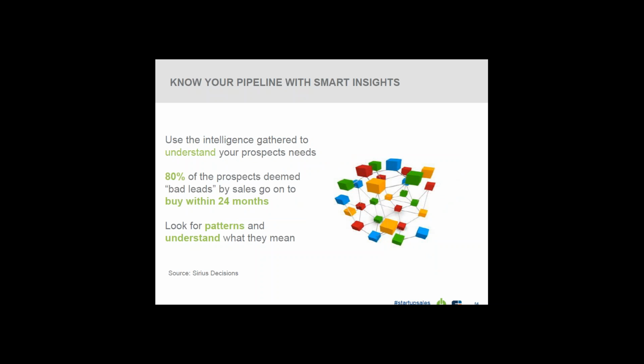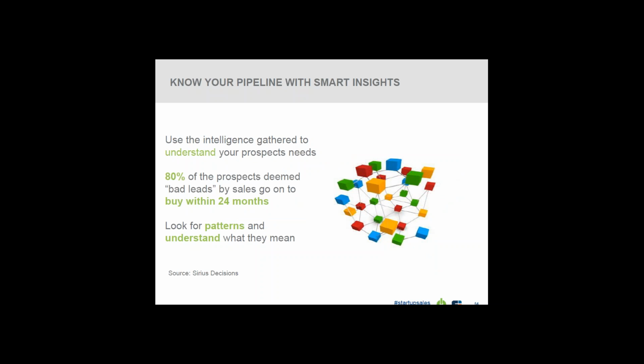So what this boils down to is making sure you know your pipeline and you have insights into where they are. Make sure you're utilizing all that intelligence gathered within your marketing automation platform, and that it doesn't end with marketing. That information is shared across the board with sales, so they can understand where everybody is, where their prospects are.